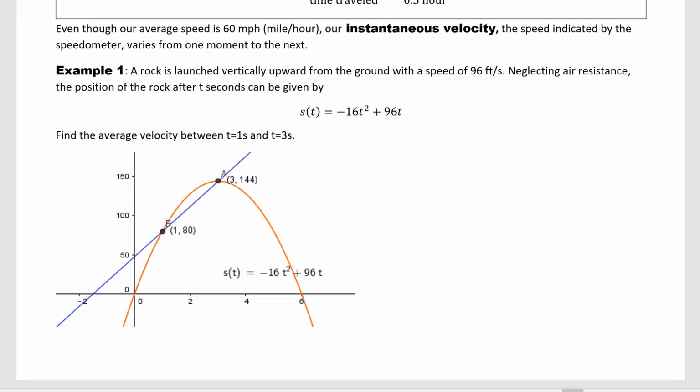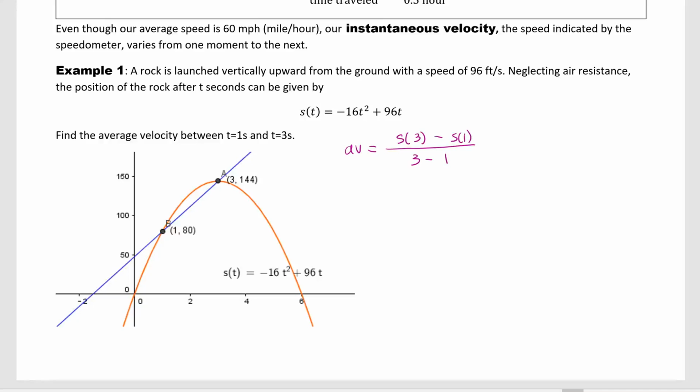We want to find the average velocity between t equals 1 second and t equals 3 seconds. So average velocity equals the distance traveled over the time. The distance traveled is s of 3 minus s of 1, divided by 3 minus 1.